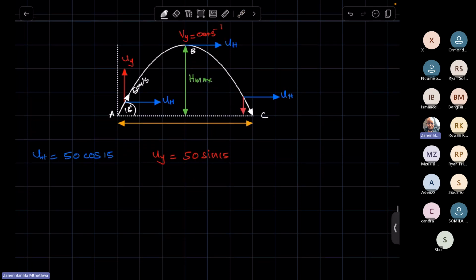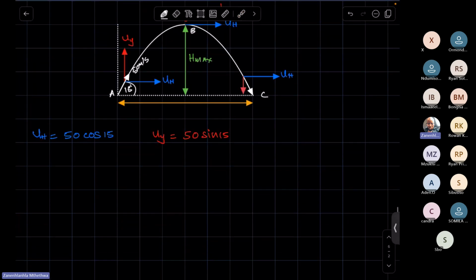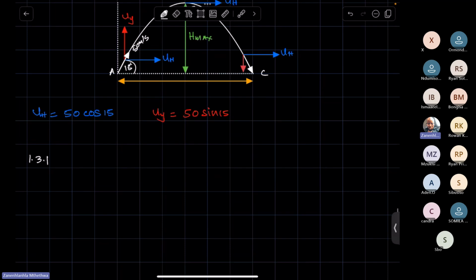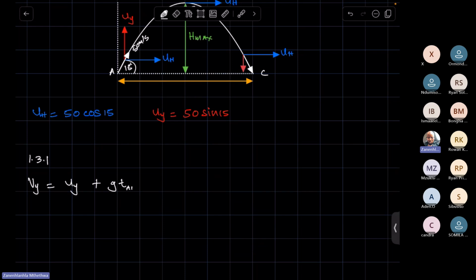So the most convenient equation of motion to use here, equation 1.3.1, is this one: final velocity in the y direction equals the initial velocity in the y direction plus gt. The t we're looking for is between A and B.